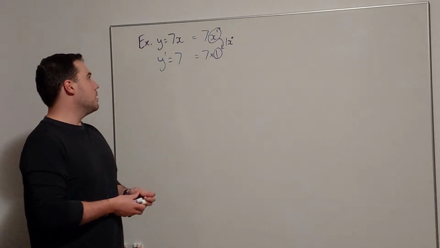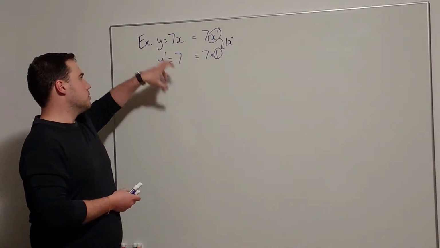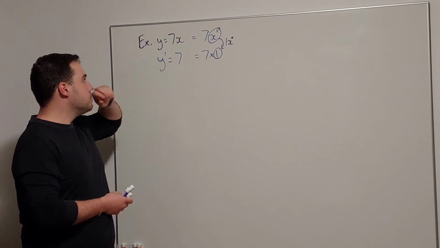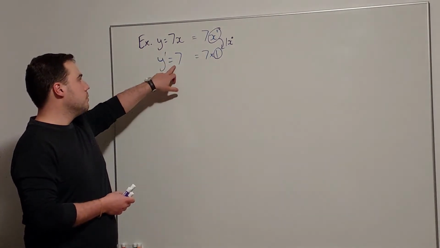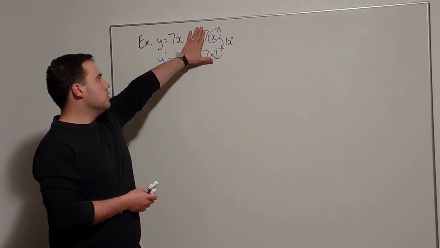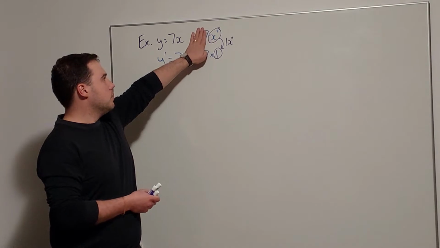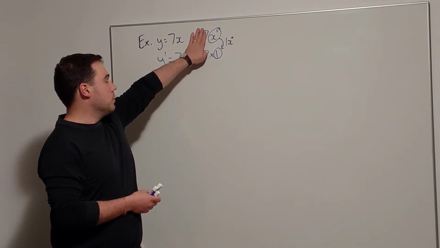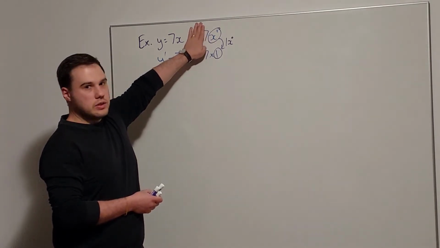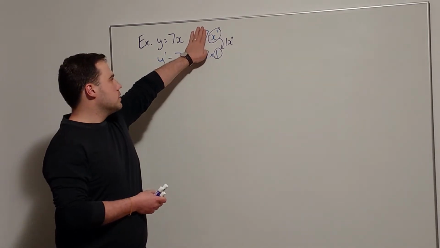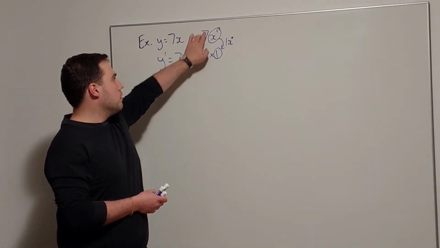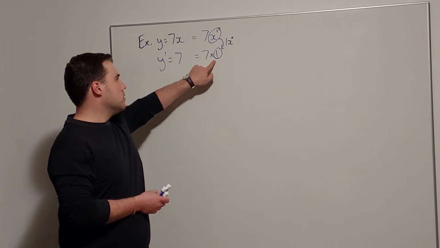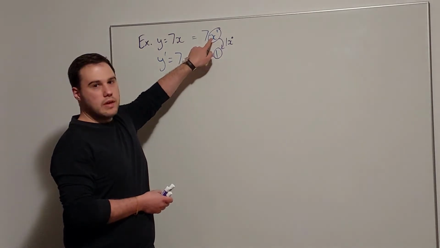Right, so you can see that here, if we think of just what a derivative is, we get the derivative 7. And then if we use the power rule, ignoring the 7 for the time being, on x to the power of 1, we get 1, and the derivative of 7x is 7 times the derivative of x.